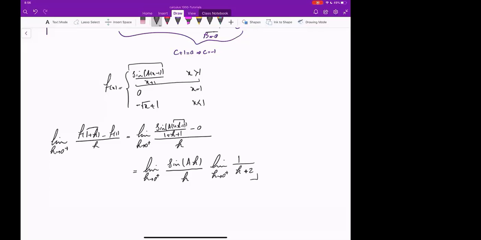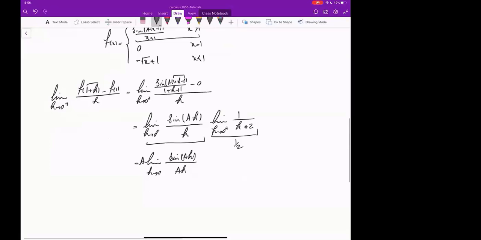Now, the limit of this piece is 1 over 2. The limit of this thing, these are one of the cases that you have to know what to do. Sine of ah over ah, a outside, h goes to 0. So this is times half.